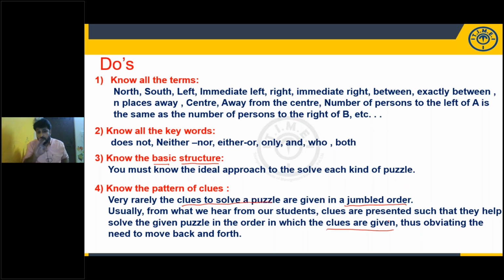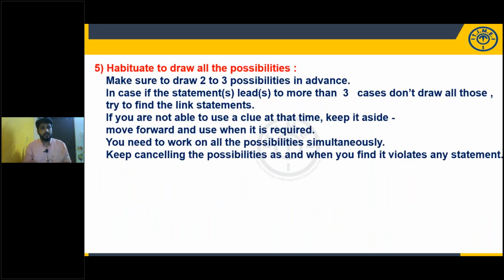But while going through one clue after the other, you may come across more possibilities. When you come across 2 to 3 possibilities, it is okay, you can draw them. But if you are getting more cases, don't draw all the possible cases and don't waste your valuable time. Try to find the link statements.